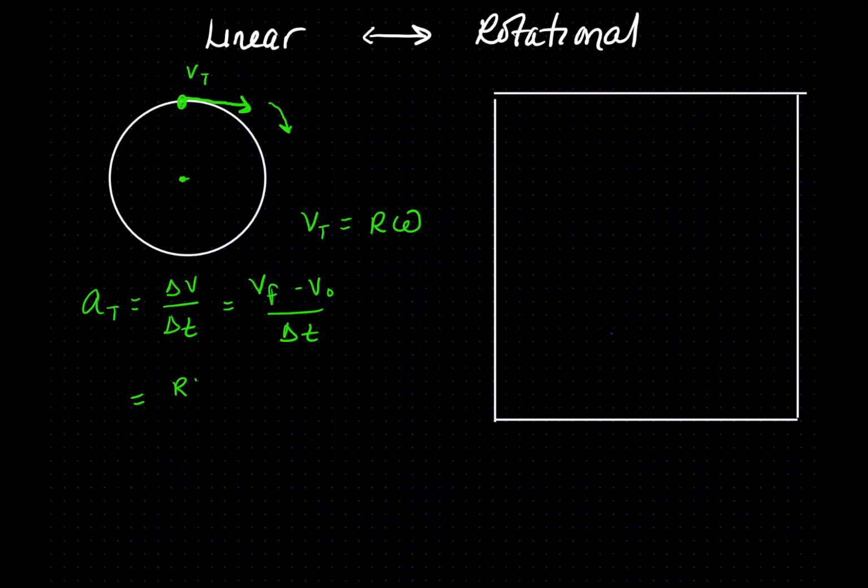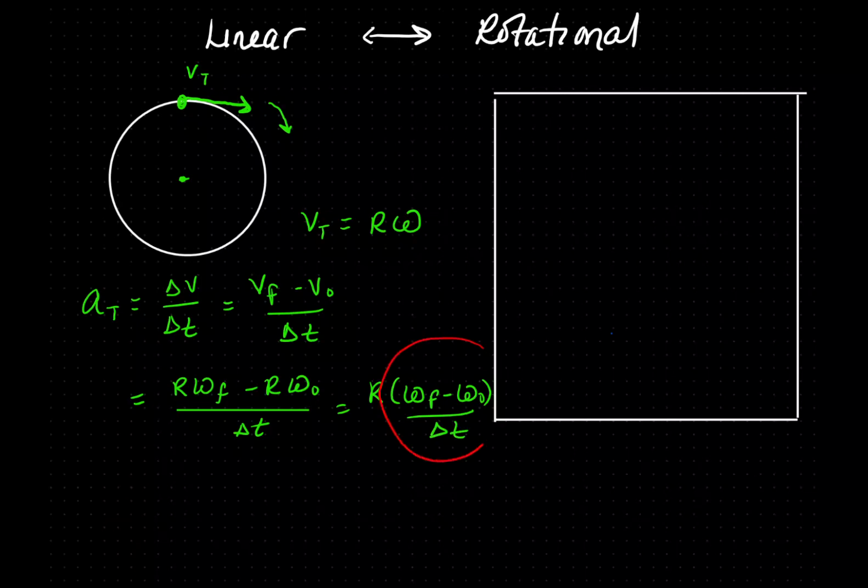So this is R omega final minus R omega initial over delta t. We could factor out an R, so it becomes omega final minus omega initial over delta t. Change in omega over change in t is alpha, or angular acceleration.